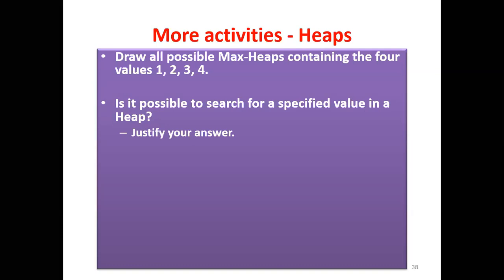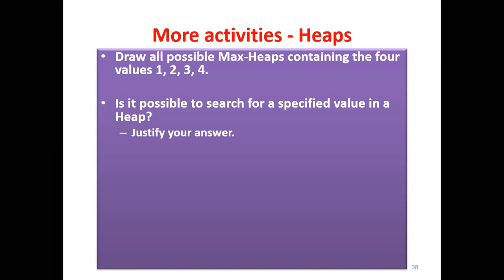So remember that in the max heap, the value at the root node is the value with the highest priority. But for the min heaps, the value at the root node is the smallest value, which also is the highest priority.